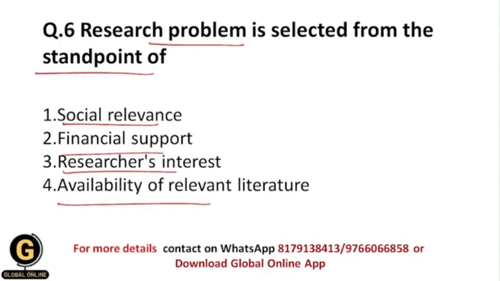So students, the correct answer to this question should be 1, because we do the research, okay, because we need to solve the problems which are there in the society. Okay, I know researchers' interest is as well an important thing, but apart from researchers' interest, the most important thing is social relevance.